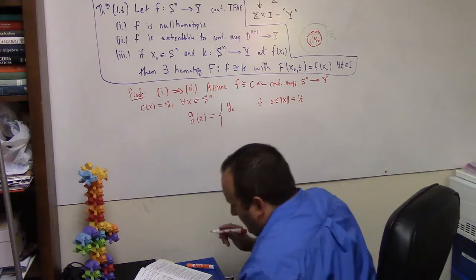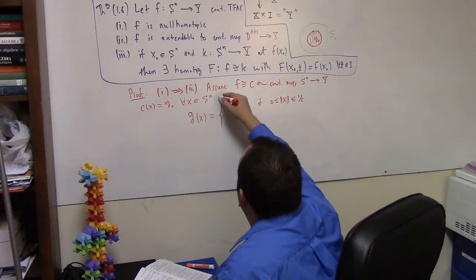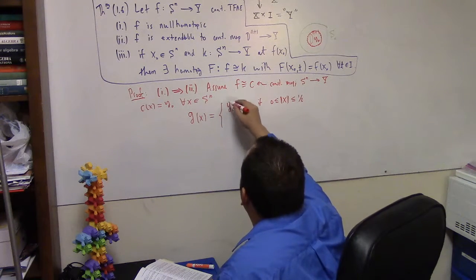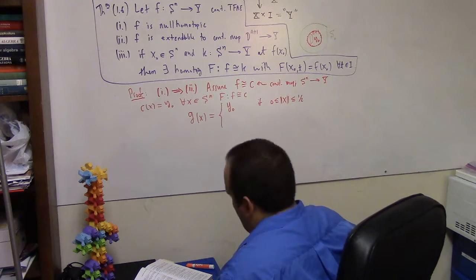And then he uses, okay, so the homotopy exists, right? So we now use the homotopy, the homotopy which shows that f is homotopic to c.